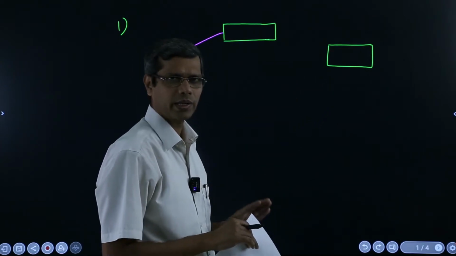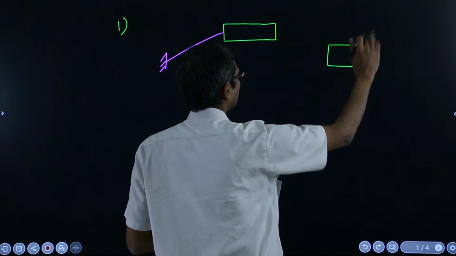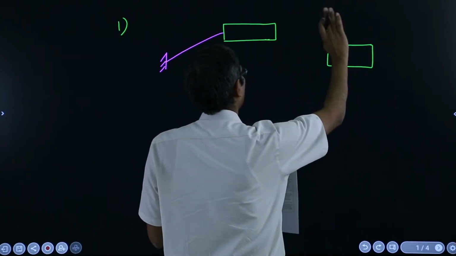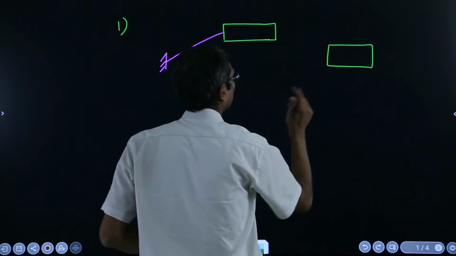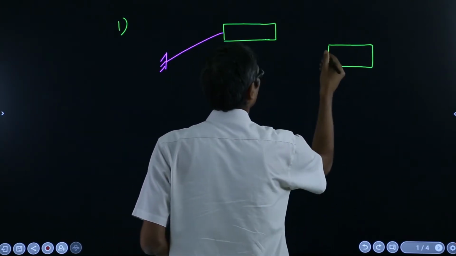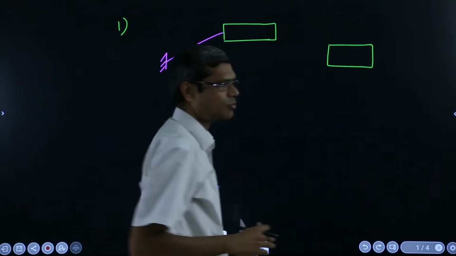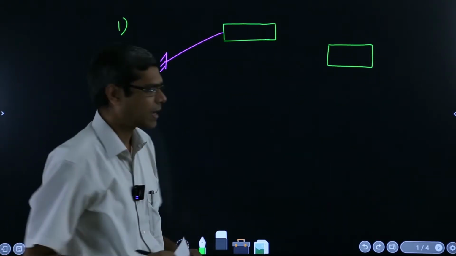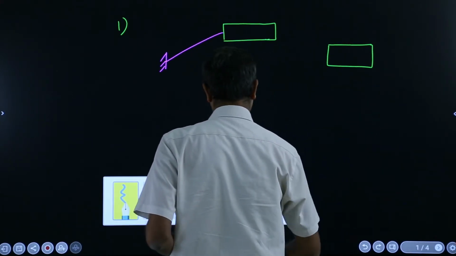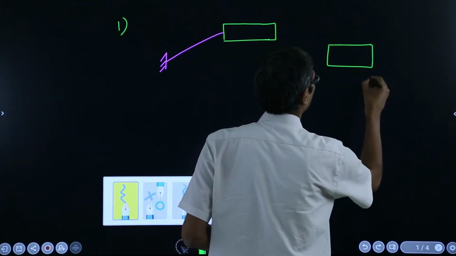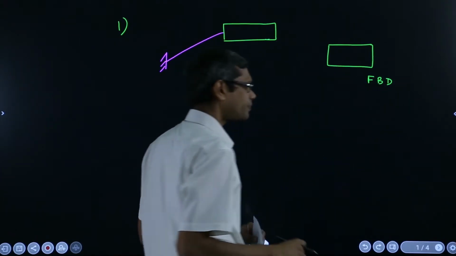So I don't want to make it clumsy. So let's assume that whatever is there, this is just an unseen part of this body. Now the point is, what happens when you are taking away this body to create the free body diagram. So suppose, sorry, you are trying to draw the free body diagram of this block.